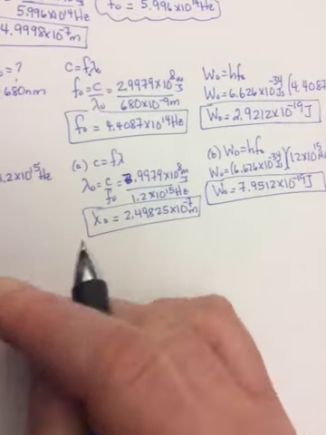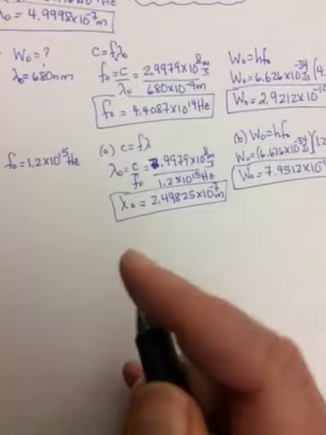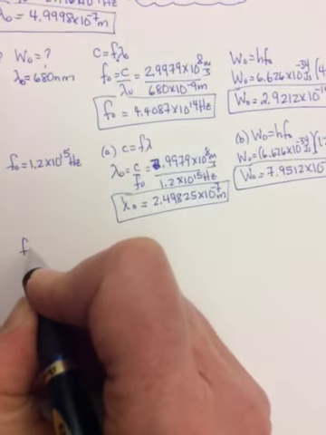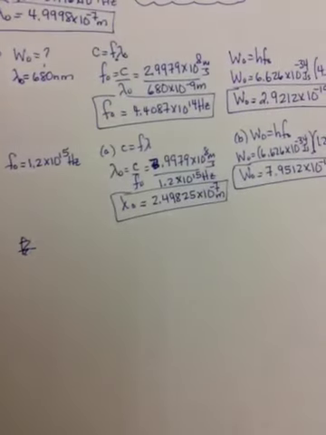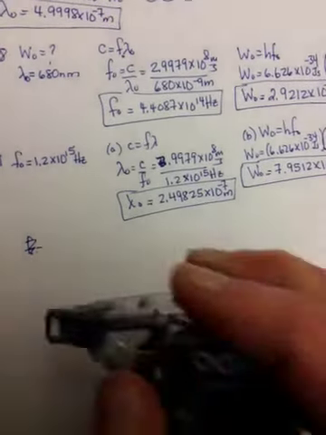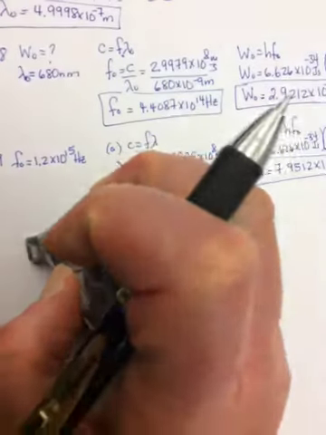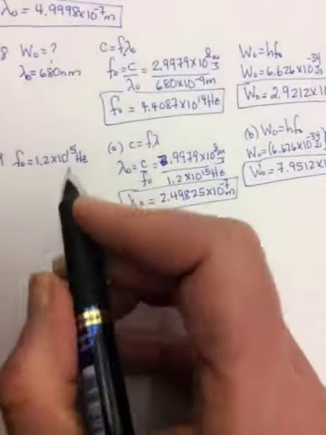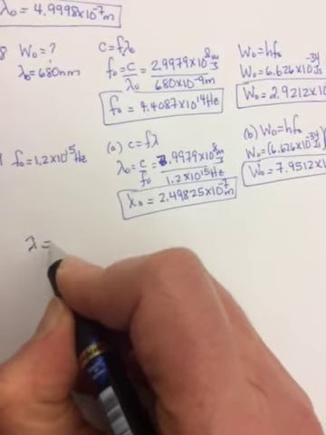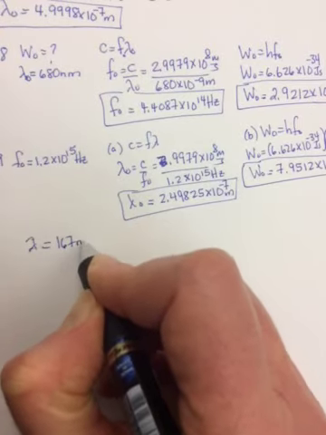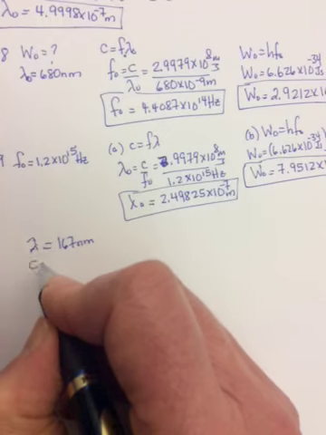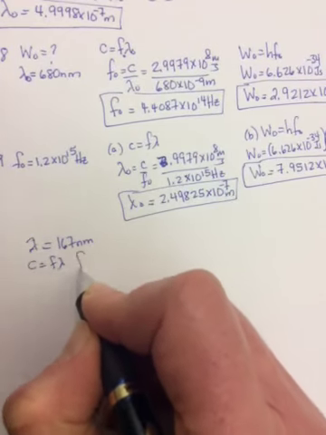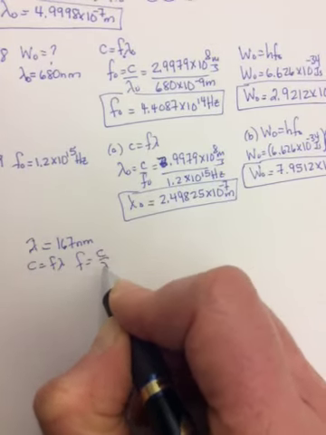And part C says the electromagnetic radiation of 167 nanometers. So this time, this is my lambda of the light, not lambda O, but just lambda. So lambda is equal to 167 nanometers. From that we can find the frequency of the light, because we know C equals F lambda, so F equals C over lambda.